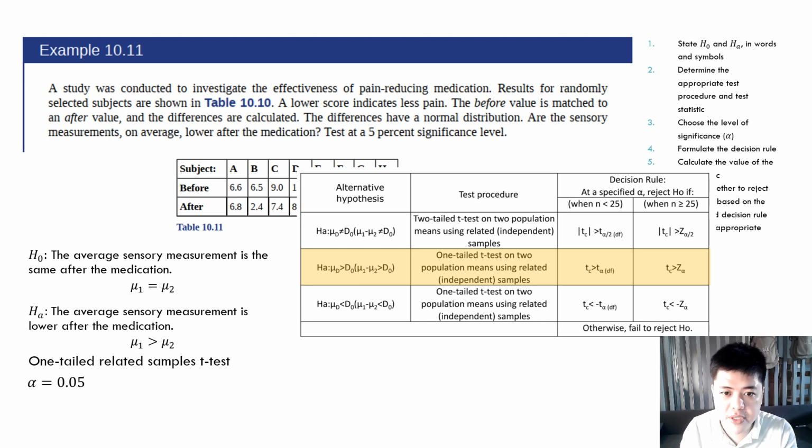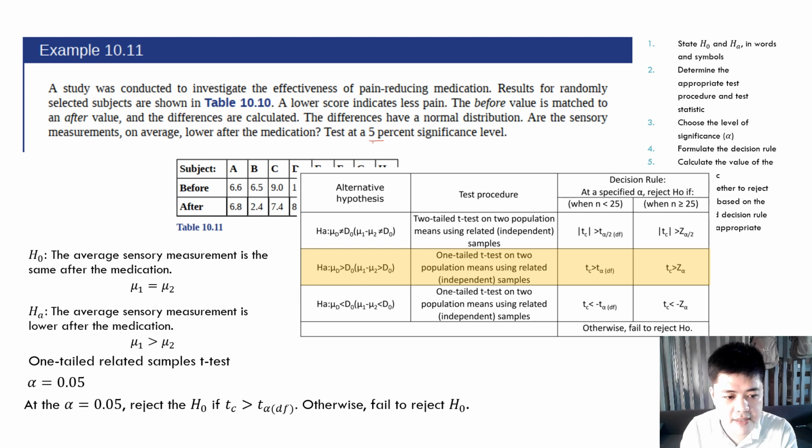Our alpha is 0.05 because it was stated here 5%. Our decision rule at the 5% level of significance: we're going to reject the null hypothesis if the computed value of t is greater than the tabular value. Otherwise, we fail to reject H0.